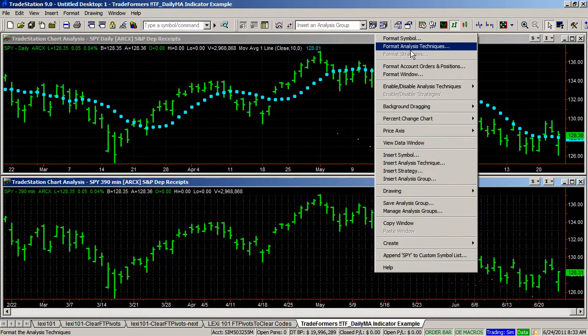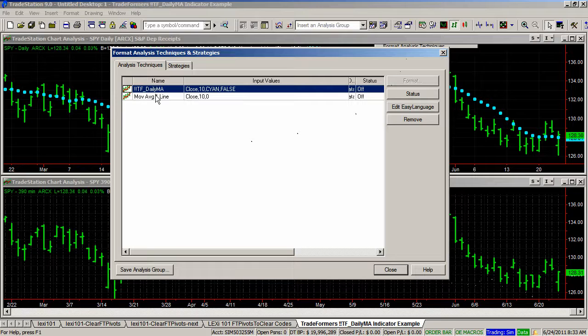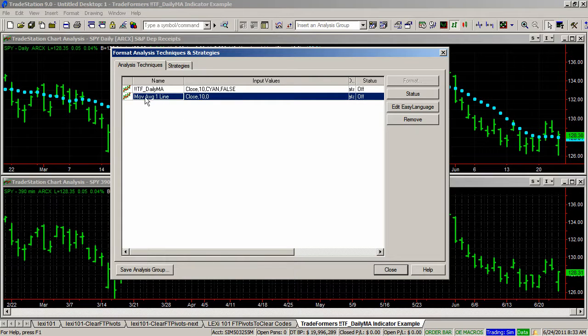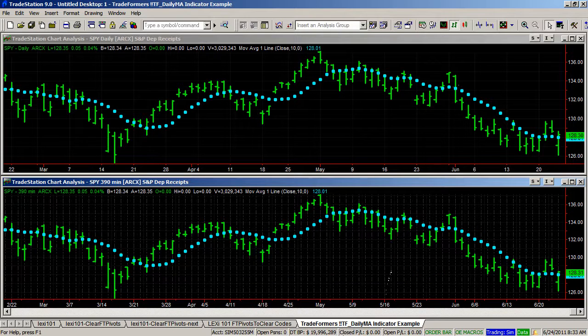And if you were to look at your moving average, okay, using the standard 10-day moving average function, there's our dots. You would expect those dots would be in the same place, but not exactly.